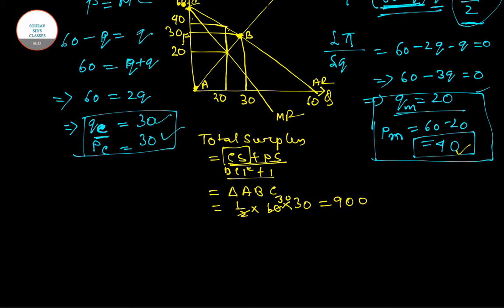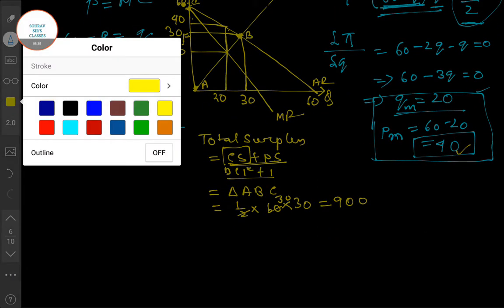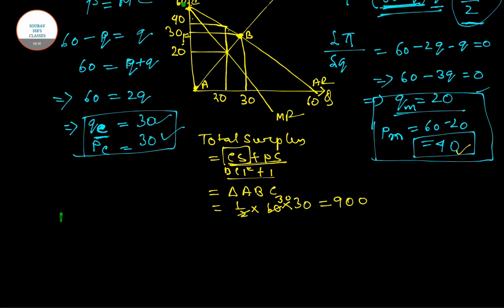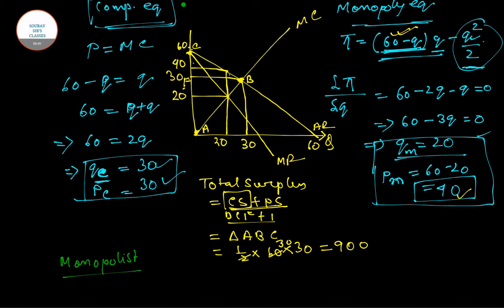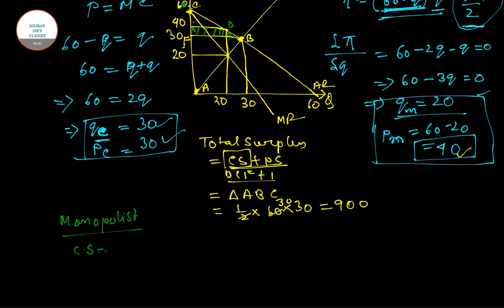Now we'll do it in case of monopolist. In case of monopolist, we know the consumer surplus area will be GDC, because it is below the demand curve and above the price line. So this area is gone now. So for monopolist, the consumer surplus will be GDC and producer surplus will be what?